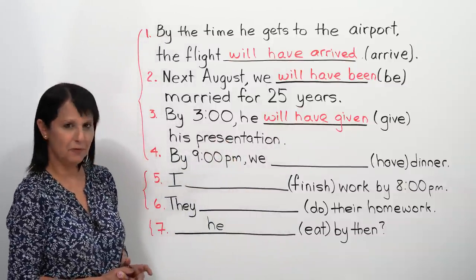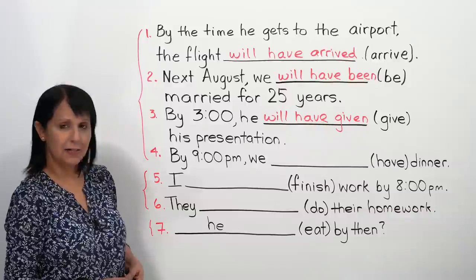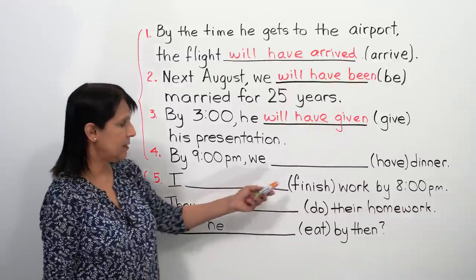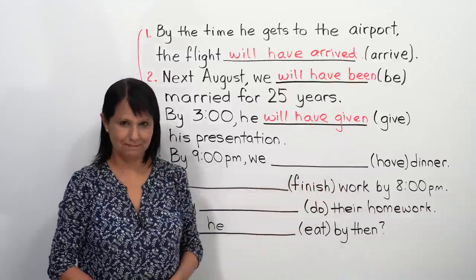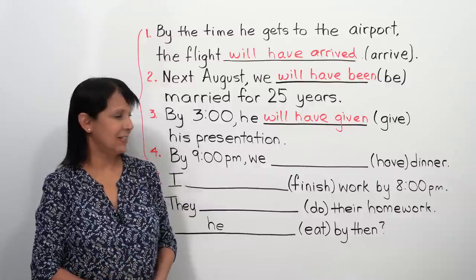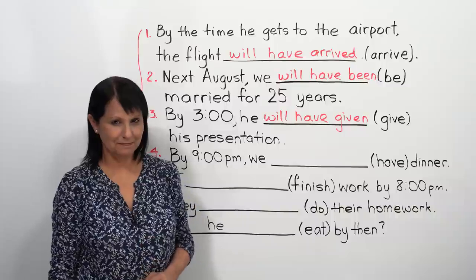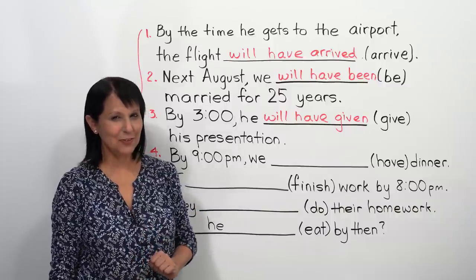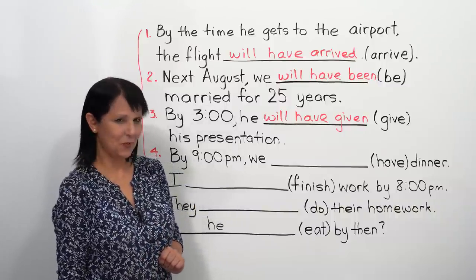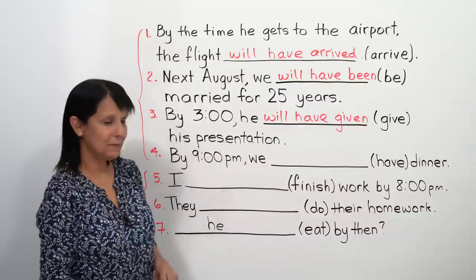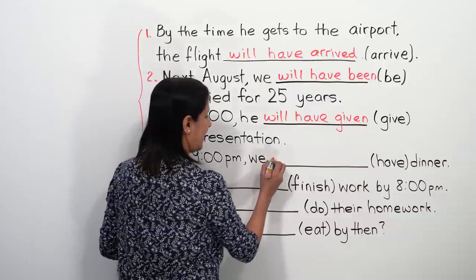All right. Number 4. By 9 p.m., we blank dinner. Now, the verb you're going to use is have. Don't let that confuse you. So, we, what do we say?